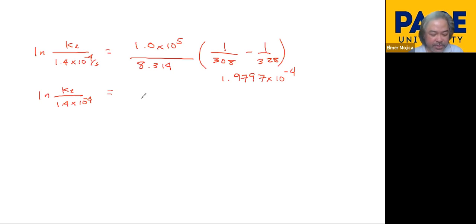So I get this value here. So how will I eliminate the ln?